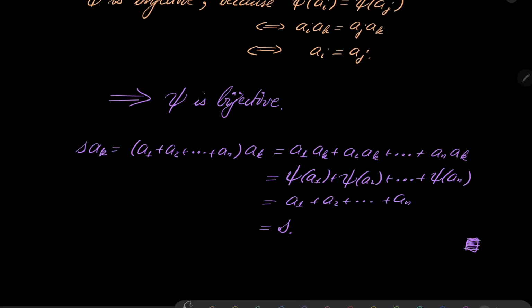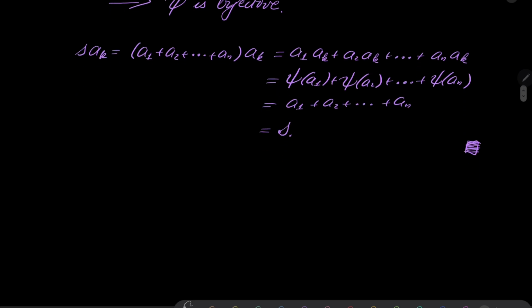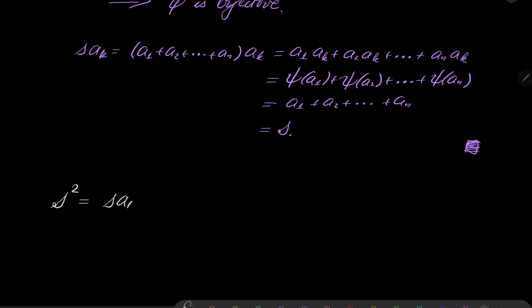And now our problem becomes very easy, because S squared, as we have noticed, is S a1 plus S a2 and so on plus S an. Every term is just S, so it's S plus S plus S, n times.